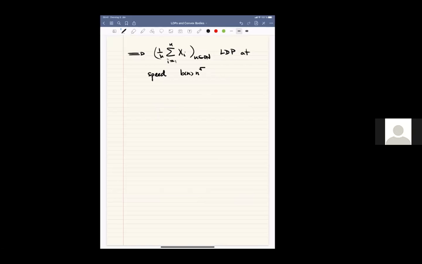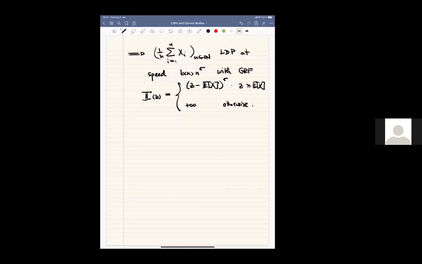So this is slower than what Cramer gives us, with the following good rate function: I of z is z minus the expectation to the power r, if z is larger than the expectation, and plus infinity otherwise.